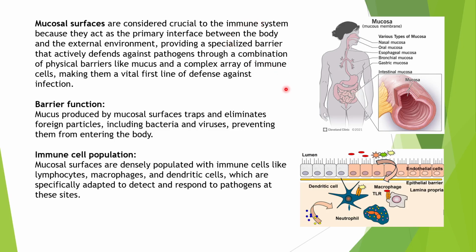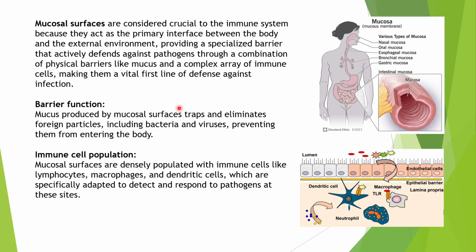This provides a specialized barrier that actively defends against pathogens through a combination of physical barriers like mucus and a complex array of immune cells, making them a vital first line of defense against infection.